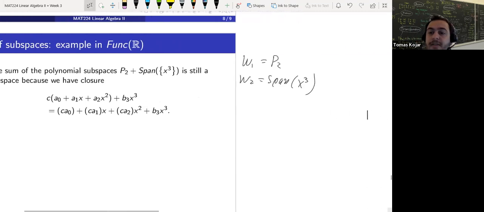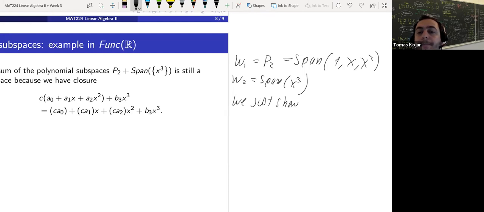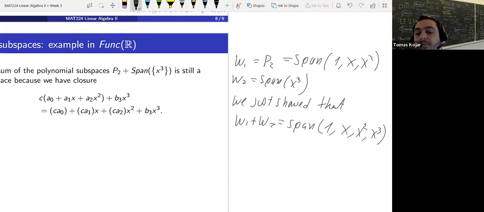Since P2 is the span of 1, x, x squared, we just showed that W1 plus W2 is equal to the span of 1, x, x squared, x cubed. Is that cool? So from now on, you can just use that the summation of them is equal to the span of their union.